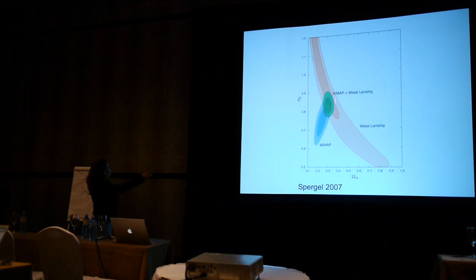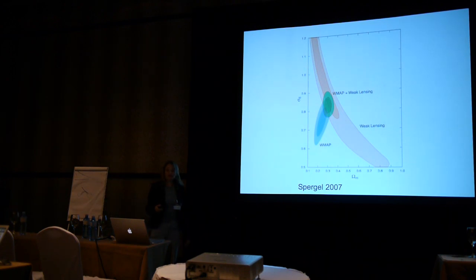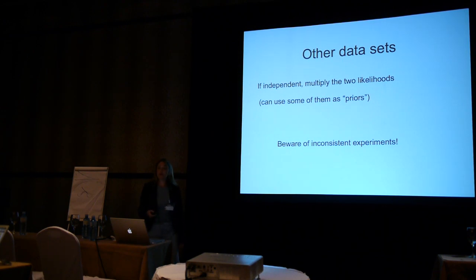The two sigma of one overlaps with the one sigma of the other one. But still, when you combine them, you get this region here. And this region looks smaller than it would have been if the center of this one sigma had coincided with the center of this other one sigma. So, in general, before you combine different experiments like that, make sure that they give you consistent answers. Otherwise, you're going to be getting nonsense.